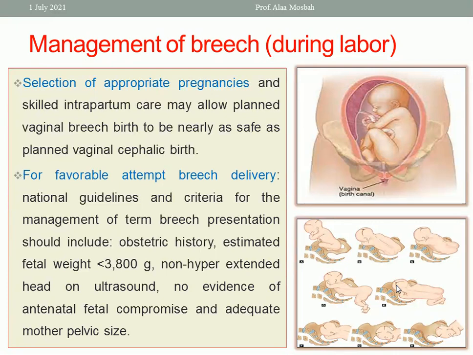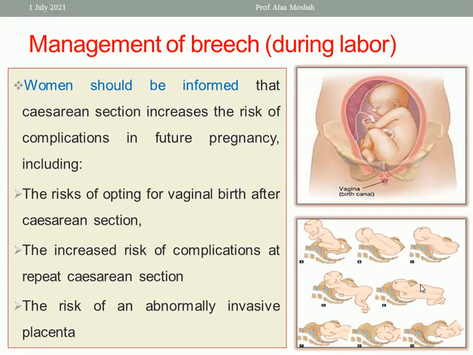For a favorable attempt at breech delivery, national guidelines and criteria for the management of term breech presentation should include obstetric history, estimated fetal weight less than 3.8 kilograms, non-hyperextended head on ultrasound, no evidence of antenatal fetal compromise, adequate maternal pelvis, and no other contraindications like fetal anomaly and so on.